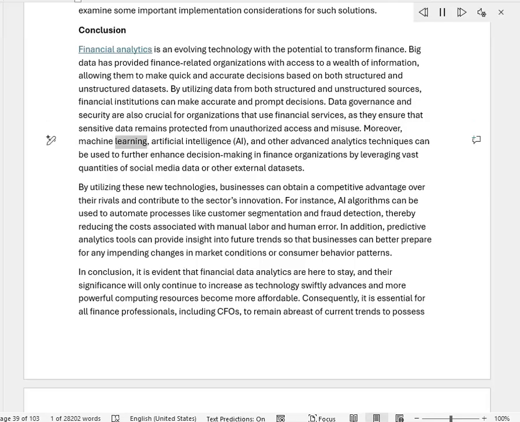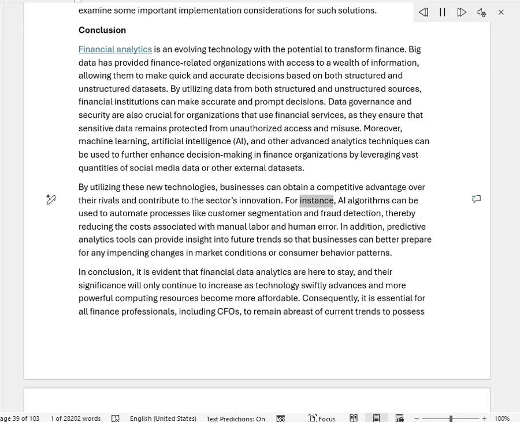Moreover, machine learning, artificial intelligence, AI, and other advanced analytics techniques can be used to further enhance decision-making in finance organizations by leveraging vast quantities of social media data or other external data sets. By utilizing these new technologies, businesses can obtain a competitive advantage over their rivals and contribute to the sector's innovation.